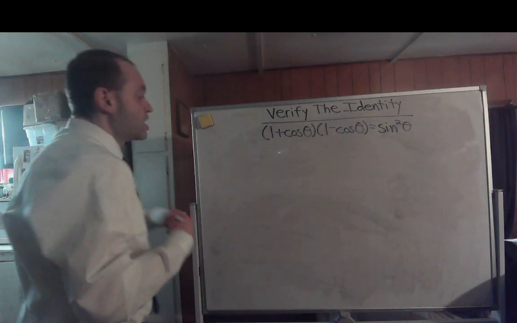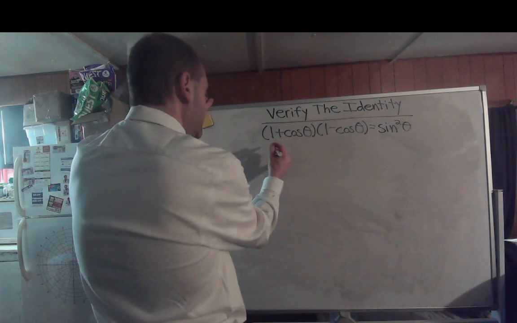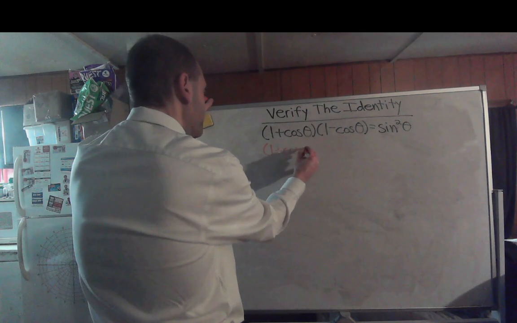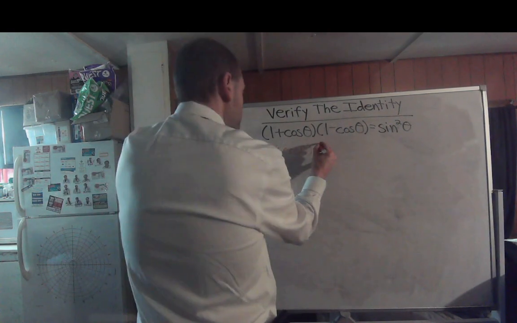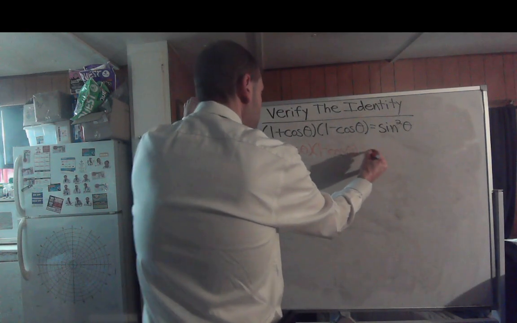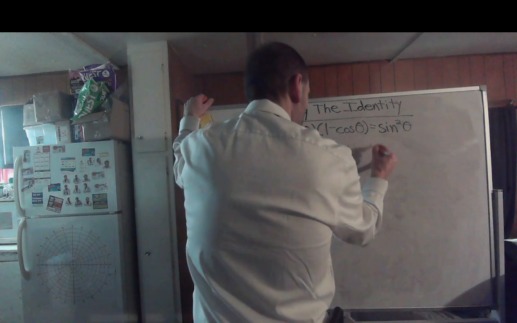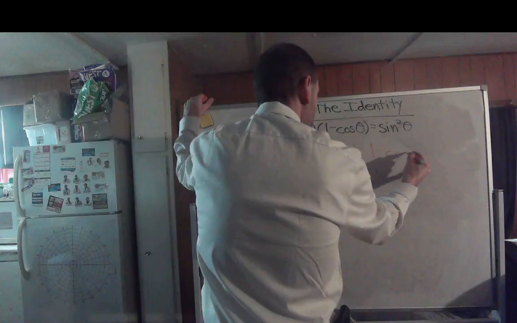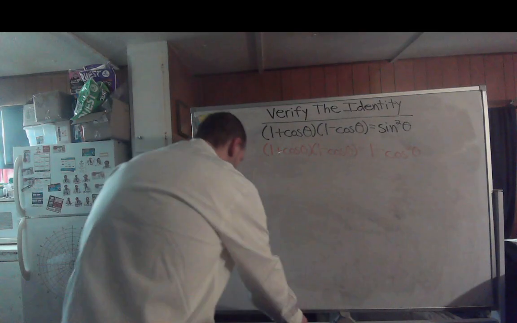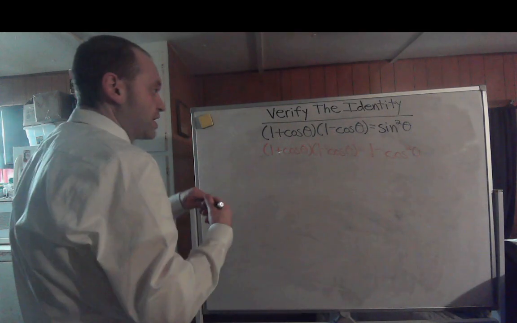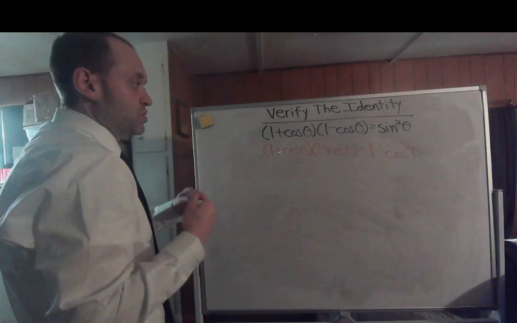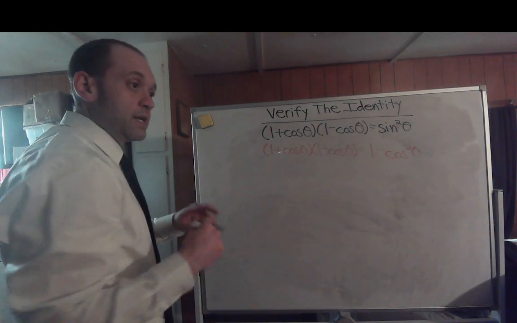So let's do the foiling here. Well, first let's write out the left-hand side. So 1 plus cosine of theta times 1 minus cosine of theta is equal to 1 minus the cosine squared of theta. I'm going to write the rest of this in black because I'm starting to run out of ink. So you're now down to 1 minus the cosine squared of theta. Well, what is 1?